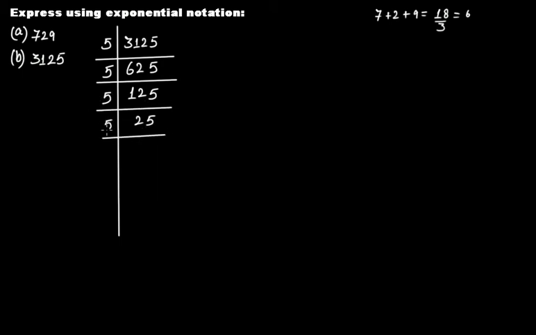If you divide this, you get 5, and then you get 1. So, 1, 2, 3, 4 and 5. This 3125 can be written as 5 into 5 into 5 into 5 into 5. That is 5 raised to the power of 5. So this is the exponential notation of 3125.